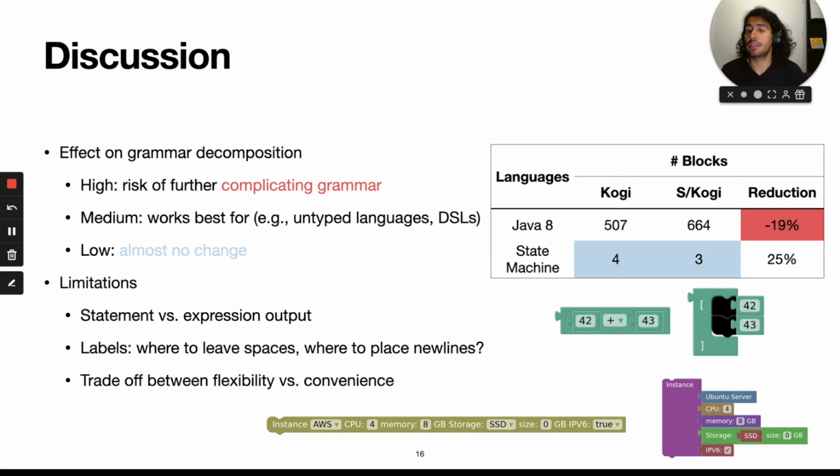And finally, it's also important to consider whether we want to offer a lot of flexibility or perhaps some convenience. For instance, here on the bottom part of the slide, we have the same language construct represented in Kogi and Skogi. And depending on the language, maybe we want to have a single block that contains all the information, or we want to provide different blocks so that we can reuse some of them.